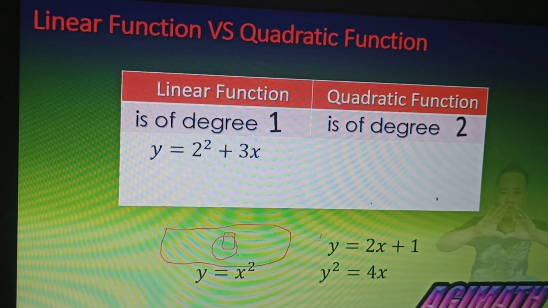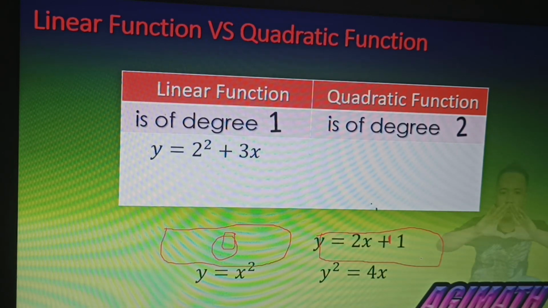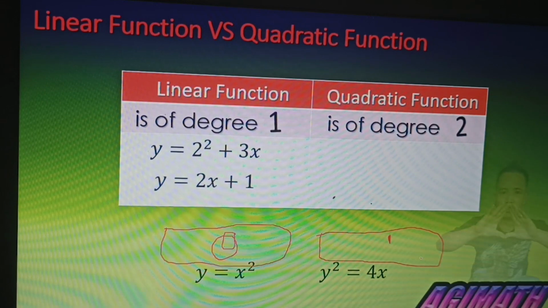Let us proceed to the second equation. Y is equal to 2x plus 1. For this one, it's very simple. The highest exponent of the variable x is 1. So meaning, it is a linear function.